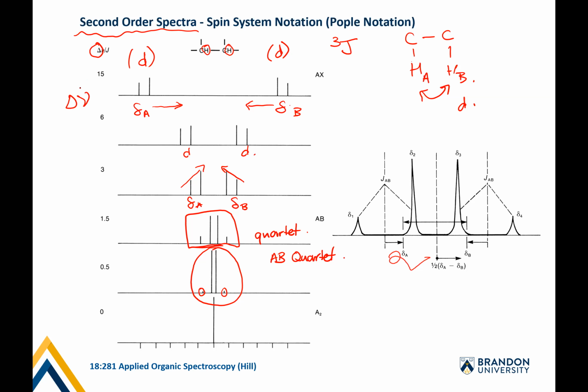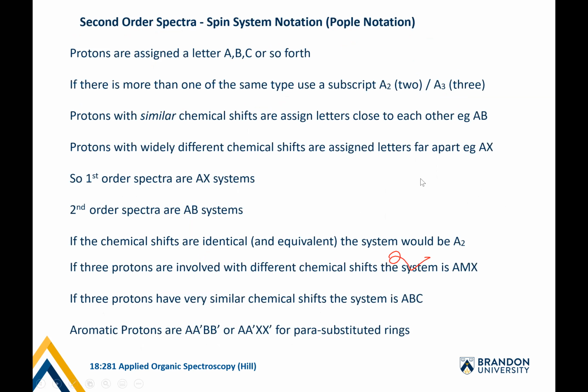Now let's go back to why this is called an AB quartet. There is a notation system called the Pople notation, and basically, protons are assigned letters like A, B, C, all the way down to, for whatever reason, X.